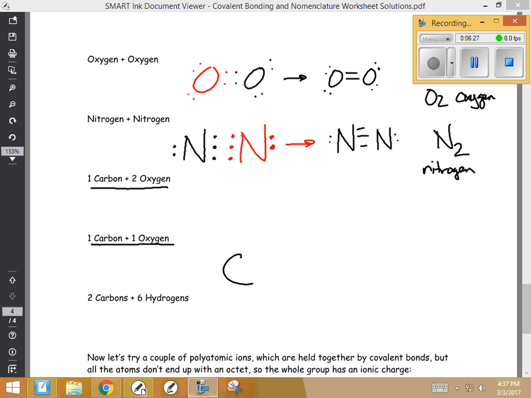Carbon, 4 valence electrons, right? Oxygen, 6 valence electrons. 1, 2, 3, 4. I'm going to donate 5 and 6. This carbon is going to actually change these electrons around so that it has an unshared pair here, and it donates 2 to the bond. That's still not good enough, though.